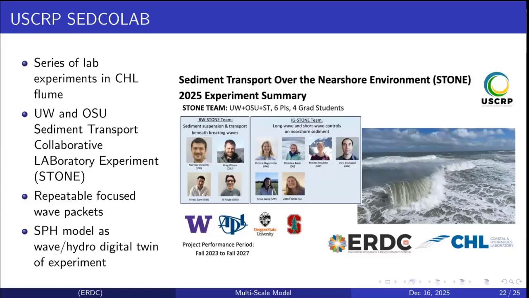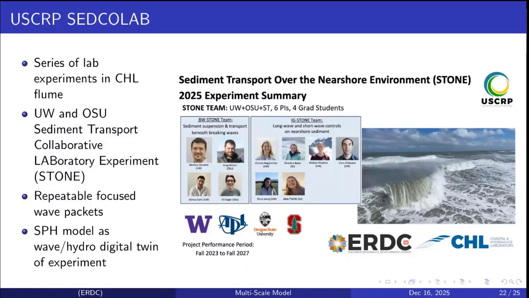So this is another case where we have a small section of sand in an otherwise hardened off flume bed, where they're going to be using small wave packets and doing detailed measurements of the hydrodynamics, waves, and sediment transport.